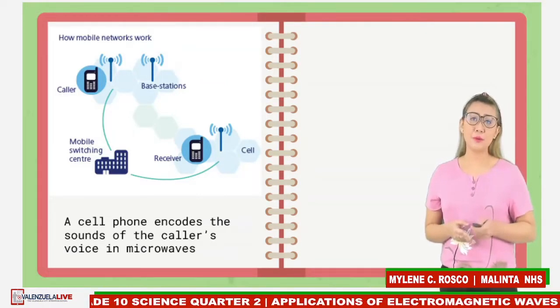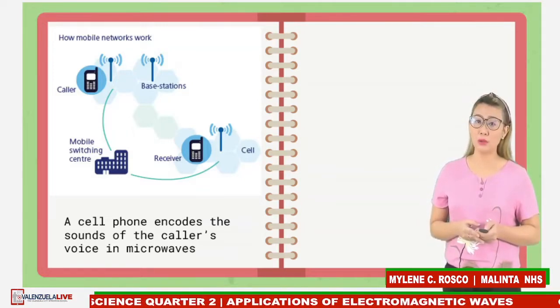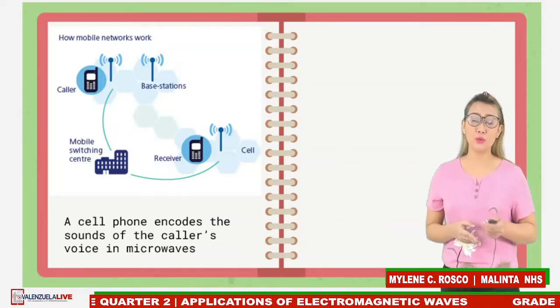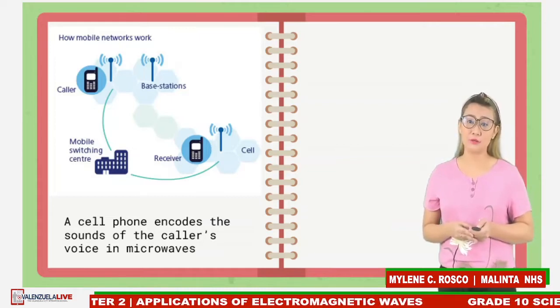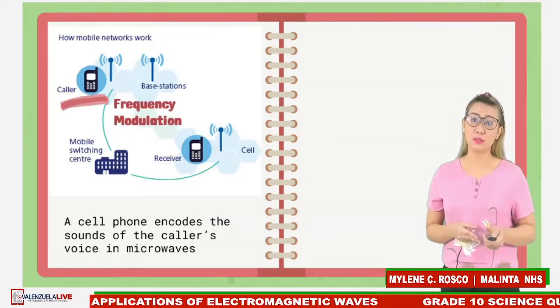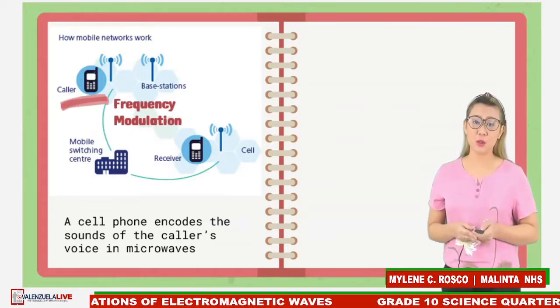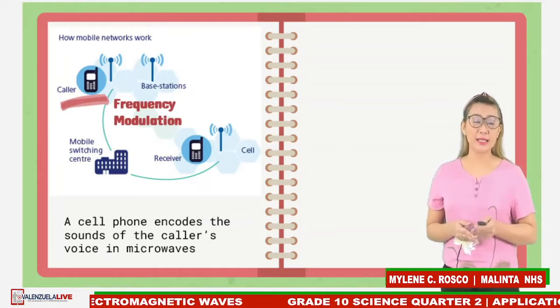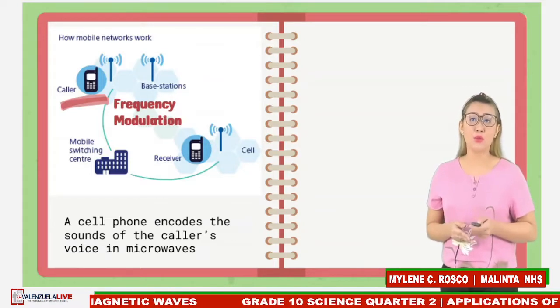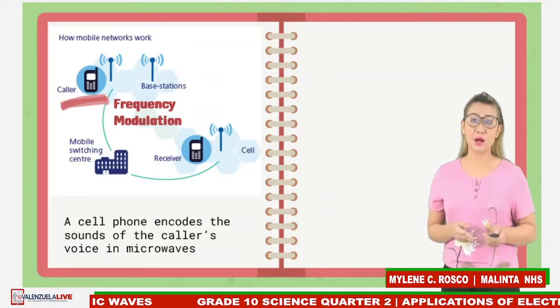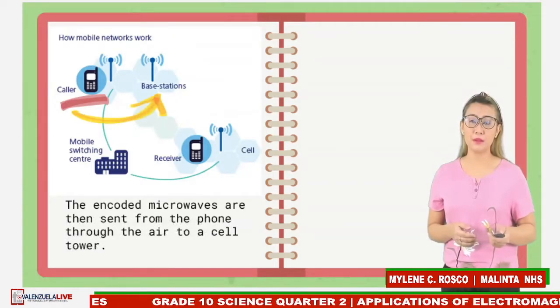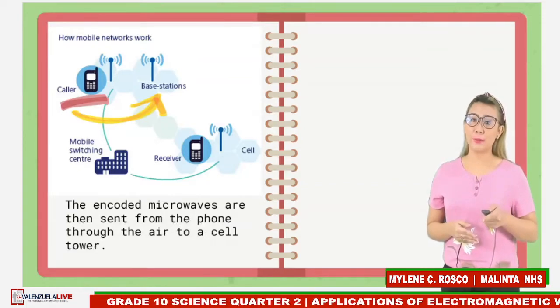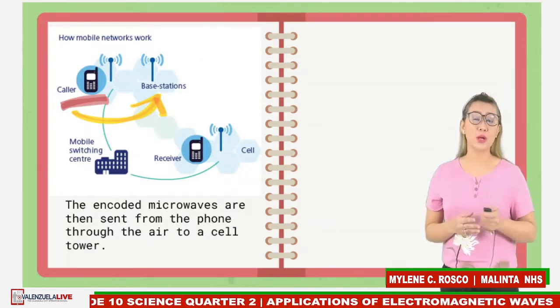A cell phone encodes the sound of the caller's voice in a microwave by changing the frequency of the wave. This is called frequency modulation. The encoded microwaves are then sent from the phone through the air to a cell tower. From the cell tower, the waves travel to a switching center.